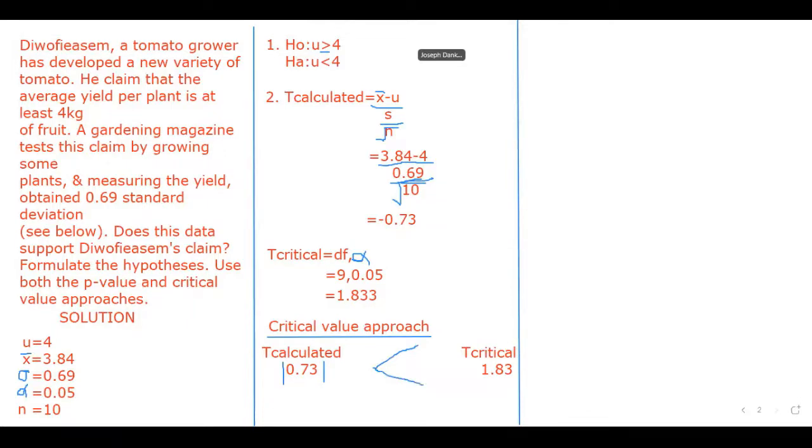So our decision rule will be to fail to reject. Hence, the absolute T calculated of 0.73 is less than T critical at the 5% level.